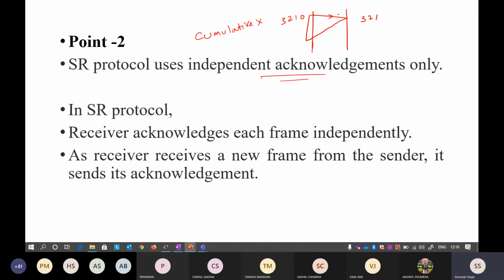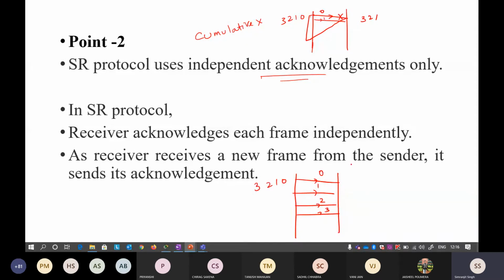I'll take a clear example: packets 0, 1, 2, 3. This is your window.